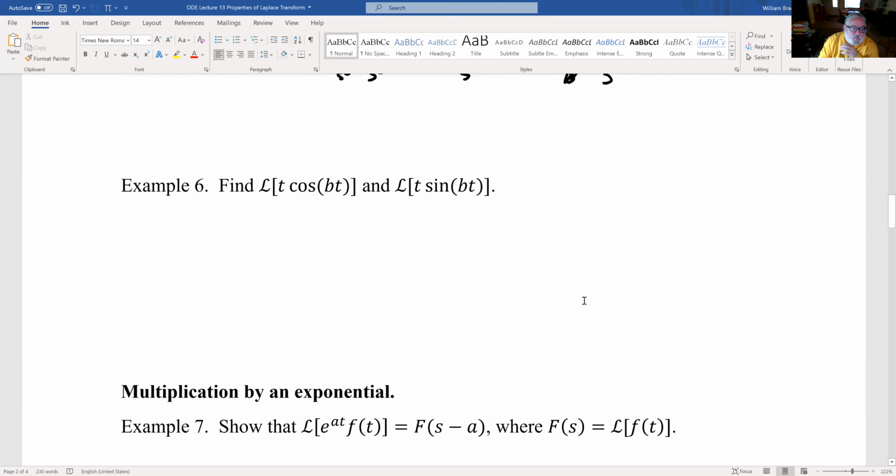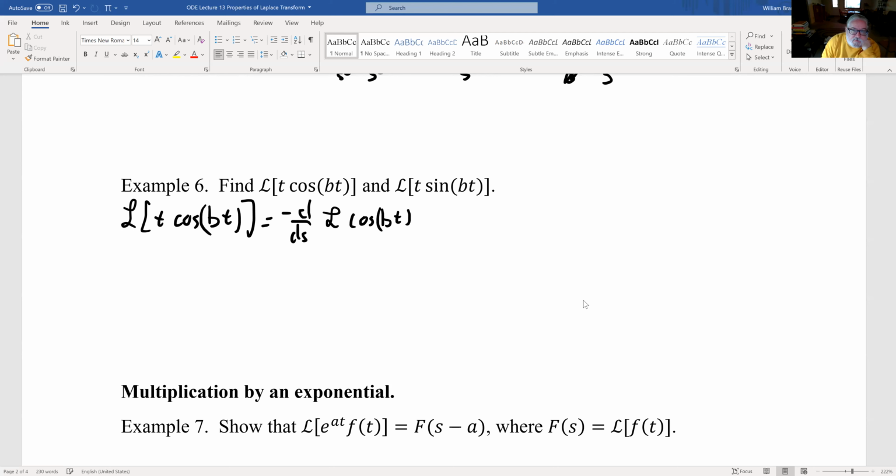So what's the Laplace transform of t cosine bt and t sine bt? We see these sometimes when we're doing resonance. We came up with these as solutions to differential equations. So the Laplace transform of t cosine bt is minus the derivative, because that's what multiplying by t inside the Laplace transform does, of the Laplace transform of cosine bt.